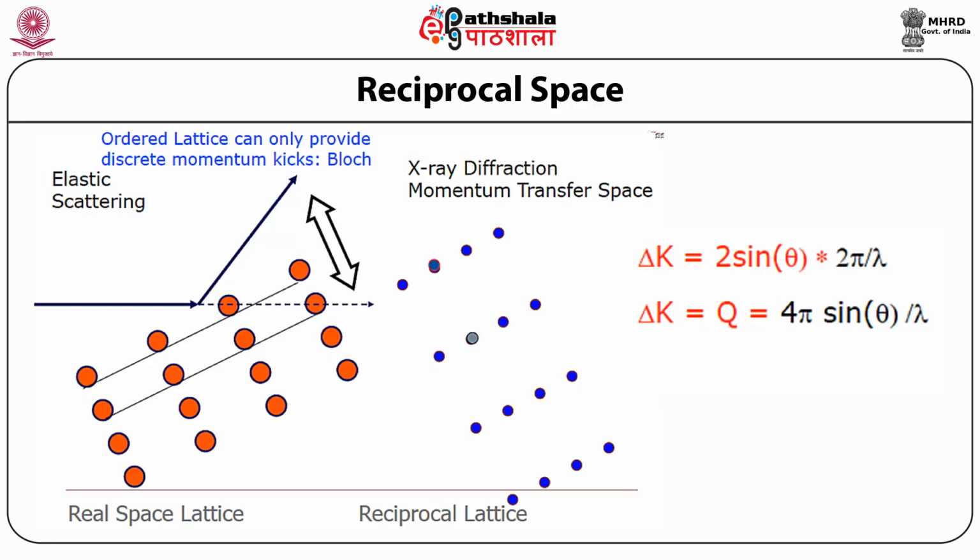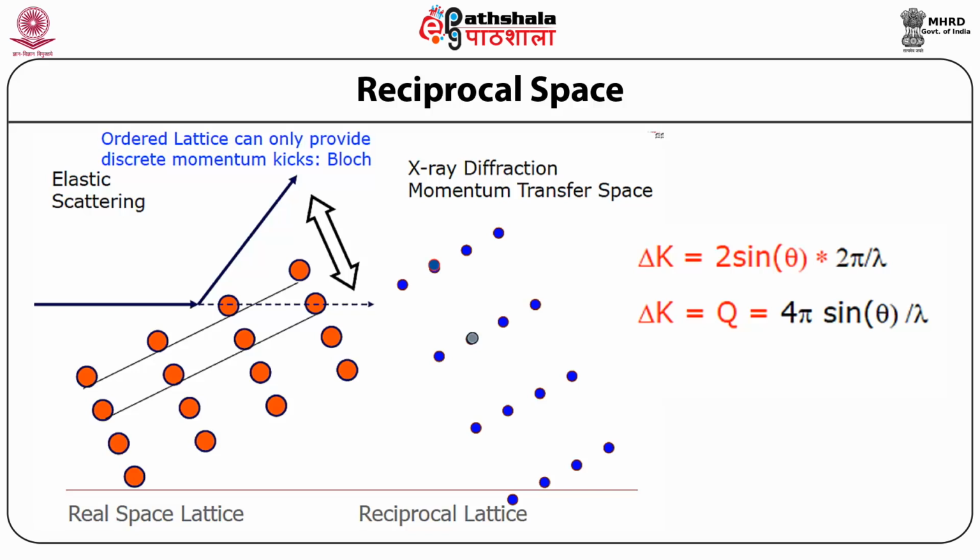You can compare the reciprocal lattice on the right hand side, that in reciprocal space the dimension along this two-sided arrow is large. You can see the two-sided arrow here is large, and perpendicular to this two-sided arrow this is small. This situation is reverse to what you see in the real lattice.